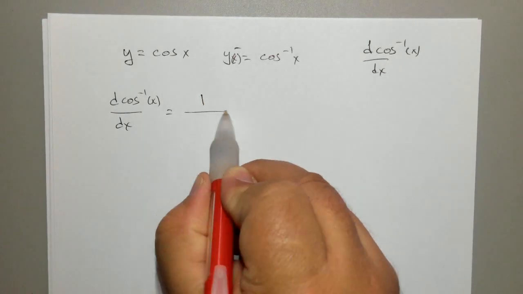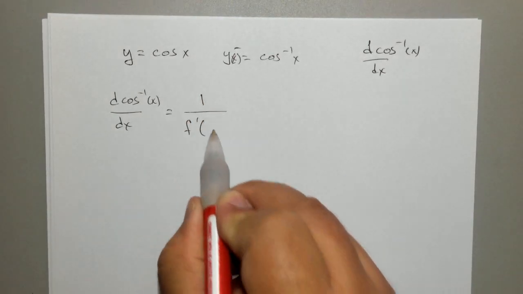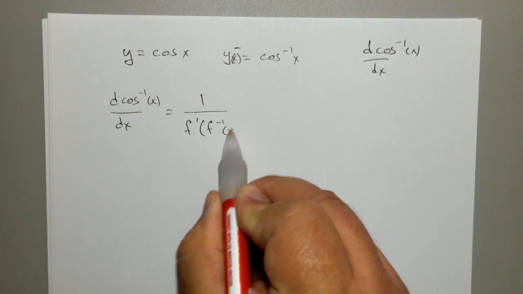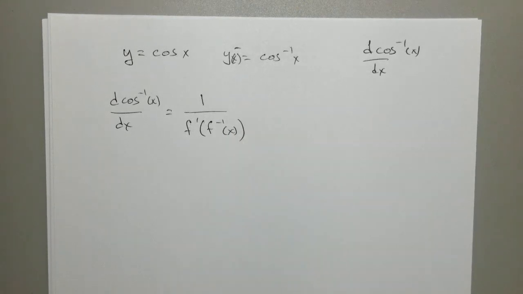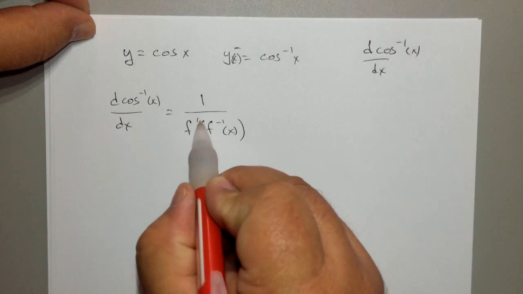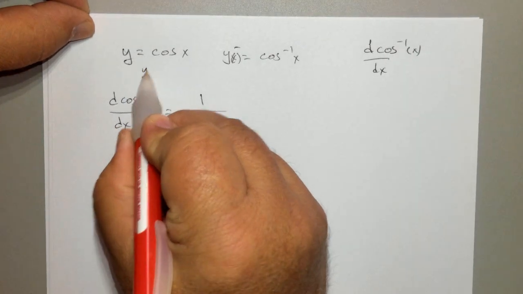So that's going to be the same thing. It's going to be 1 over the derivative of the function at the inverse function of x. So what do we need? We need to have the derivative of the function.